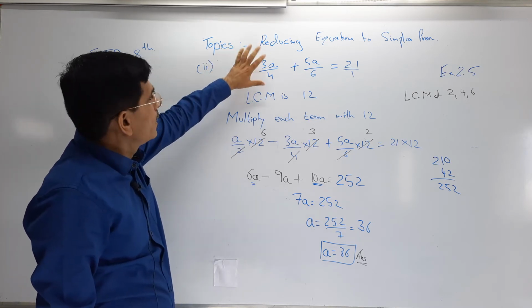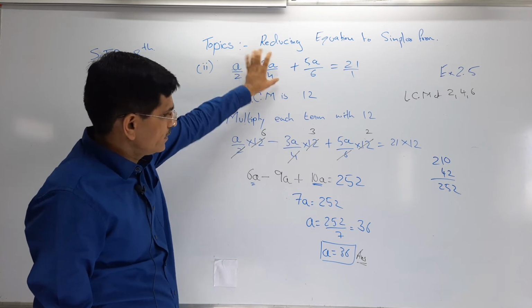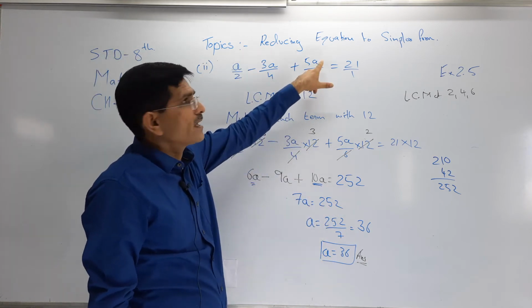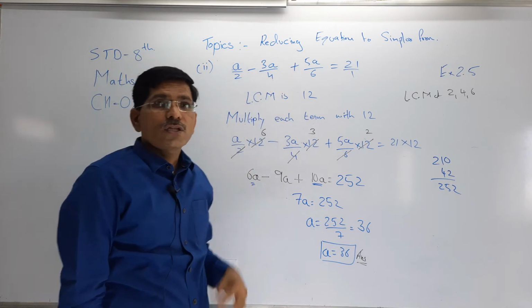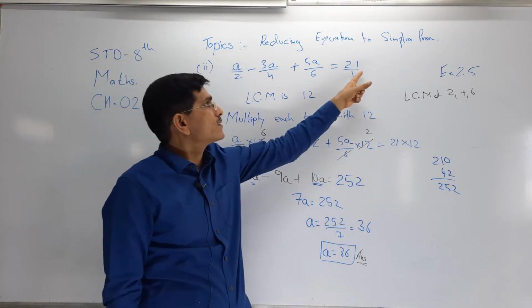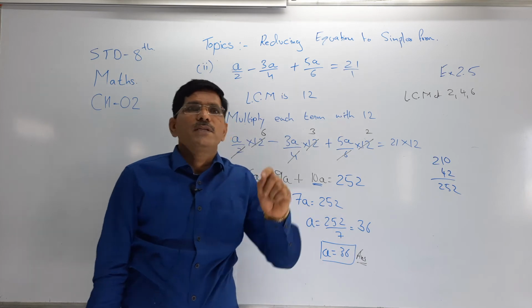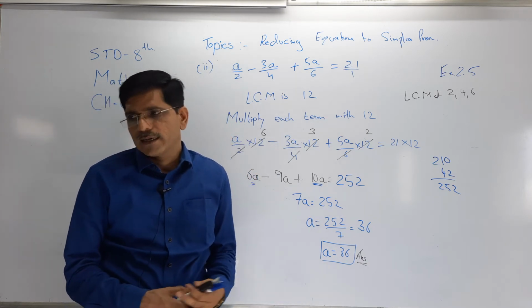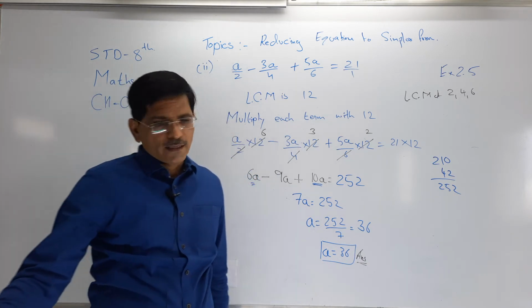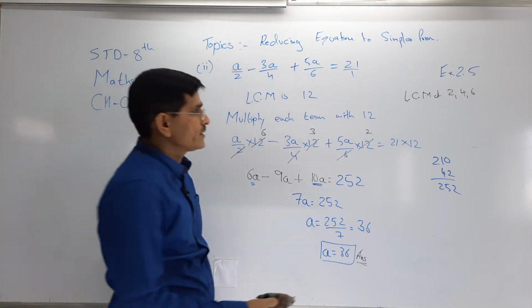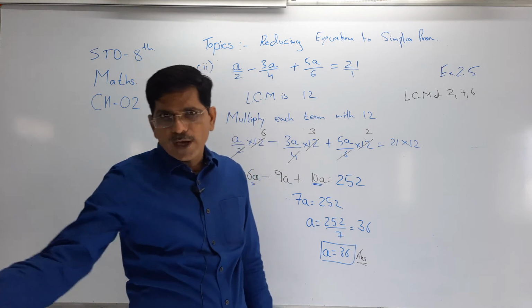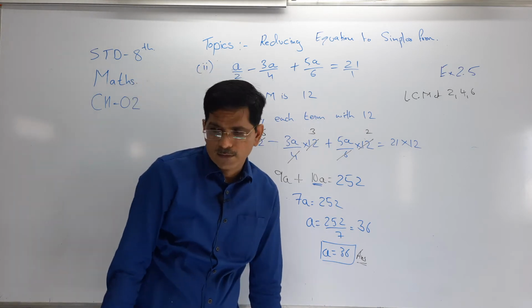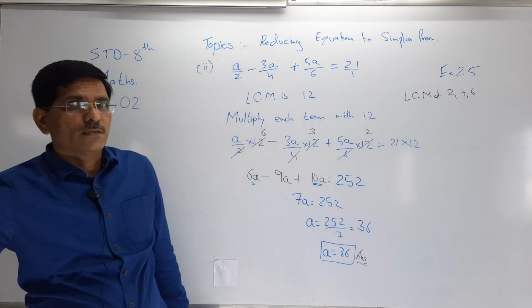Again 36, 6 5s are 30, so 30 minus 9, that is 21. So here it is 21, which means our answer is correct. So there is no need to check this, but it is compulsory that you write this sum. So go through this sum and write it now.